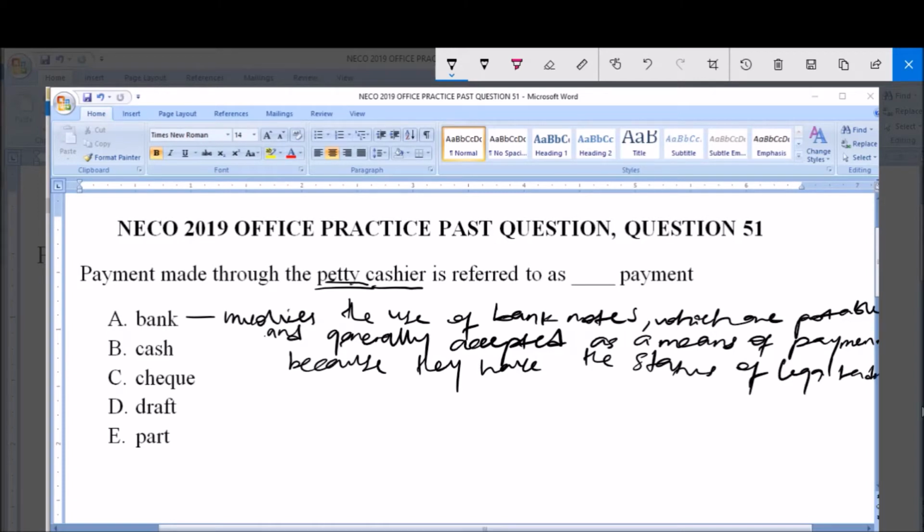That's for bank payment. So bank payment involves the use of what? Banknotes.